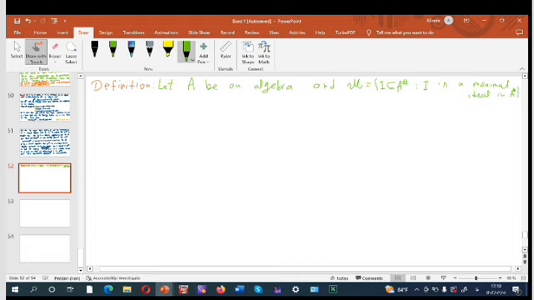Then we define the radical of A equal to the intersection of all M such that M belongs to this maximal ideal space. This is the set of all maximal ideals in this unital algebra.